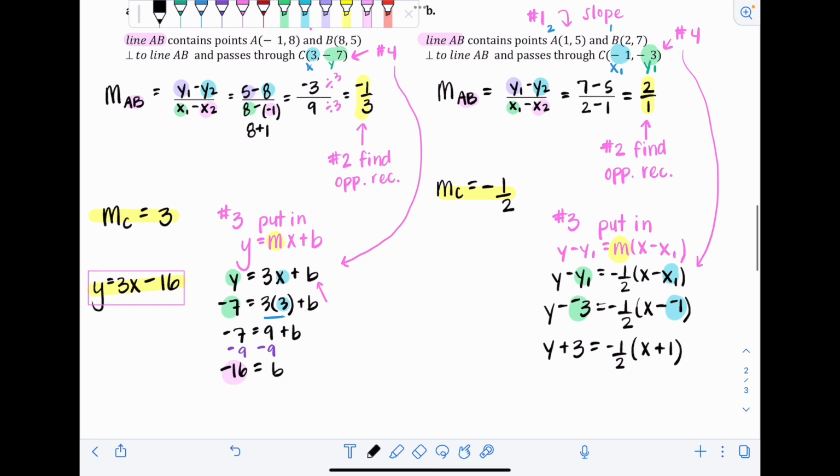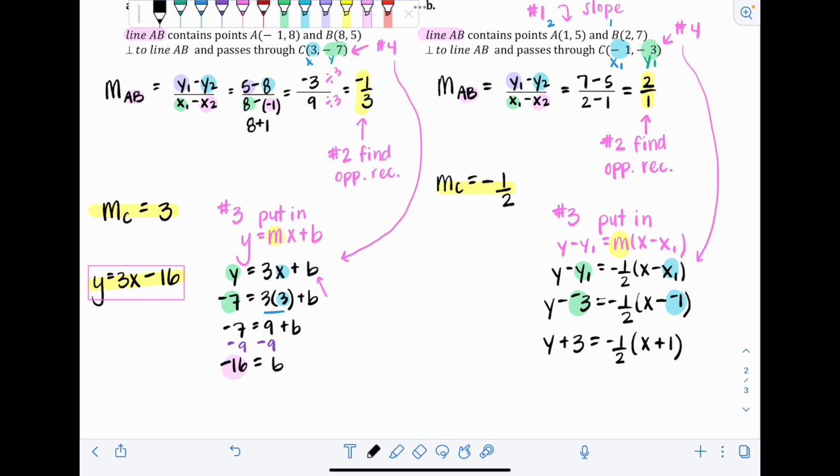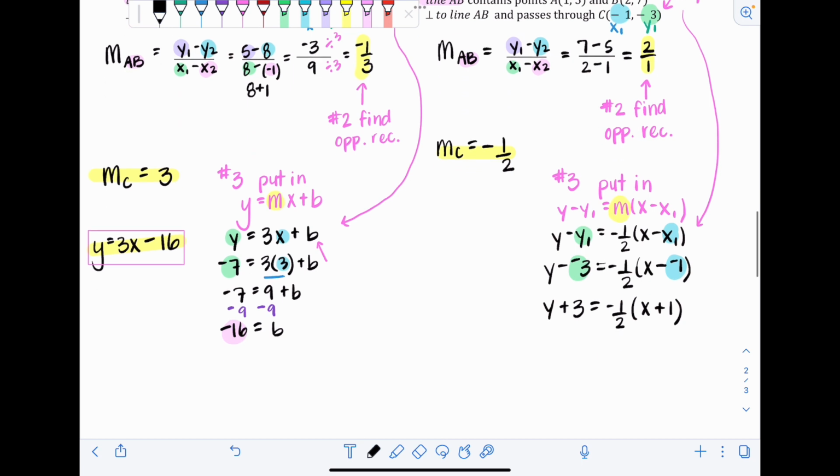And then from there, our ultimate goal is to get it into slope-intercept form. So to do that, we'll have to simplify the right side, meaning we'll distribute. So I'll leave the y plus 3 and then distribute: -1/2 times x is -1/2 x, and then -1/2 times 1 is -1/2.